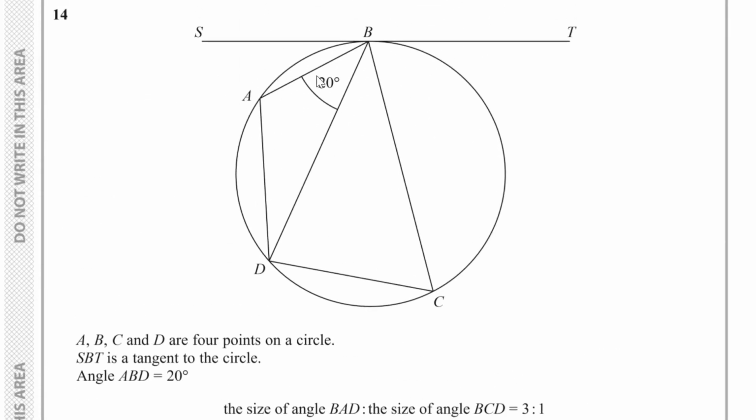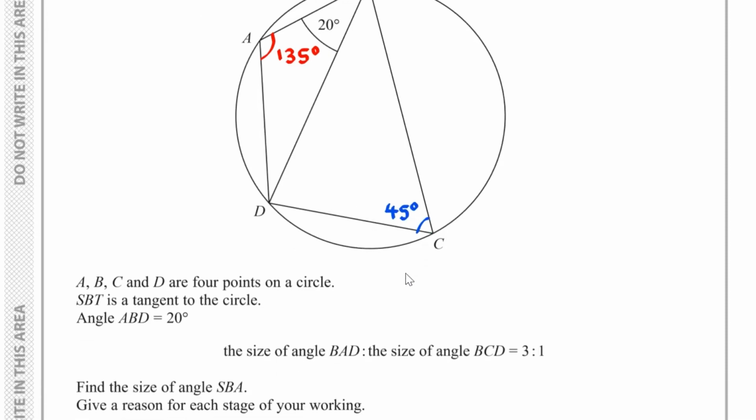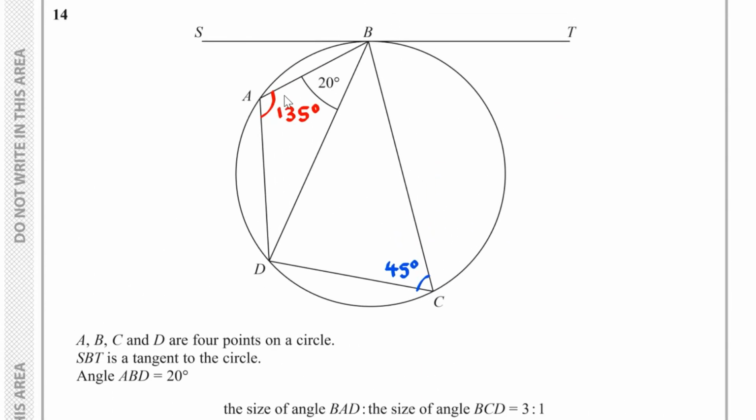So if I show those angles here, the angle BAD is 135, and the angle over here is 45 degrees. Now we want SBA, which is this angle here.